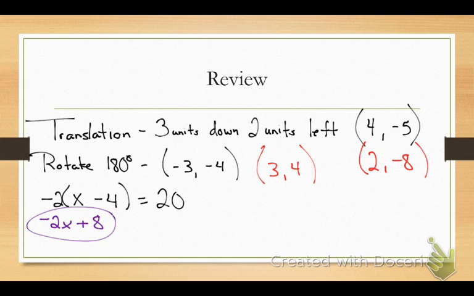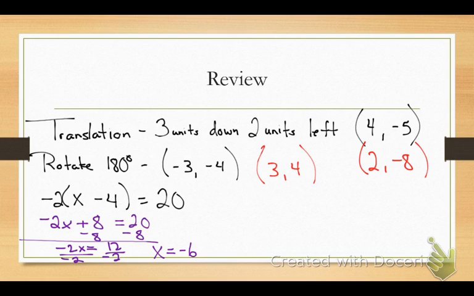Nope. 8. How many people got this part right? Negative 2x plus 8. Okay, you've got to multiply. I still have people trying to subtract negative 2 minus 4. This is multiplication. Negative 2 times negative 4 is positive 8 equals 20. Now subtract 8 from both sides, and you get negative 2x equals 12. Divide both sides by negative 2, and x equals negative 6.